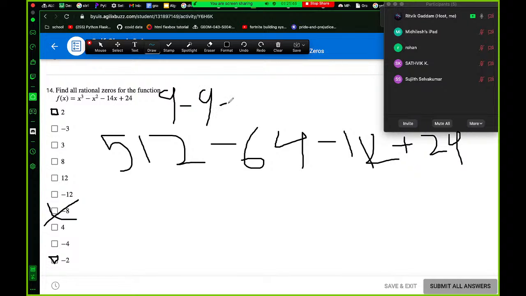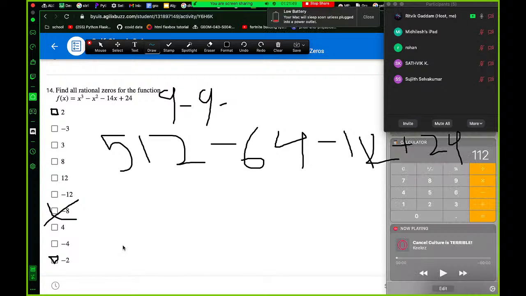And you have minus 14 times 3, it's 42. Negative 42 plus 24 is not equal to 0. So yeah, 3 doesn't work either.